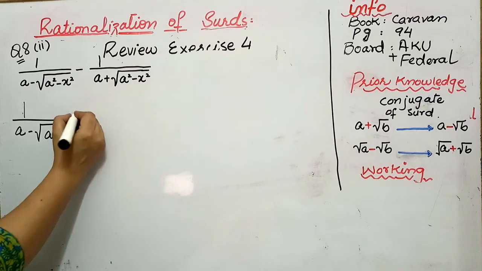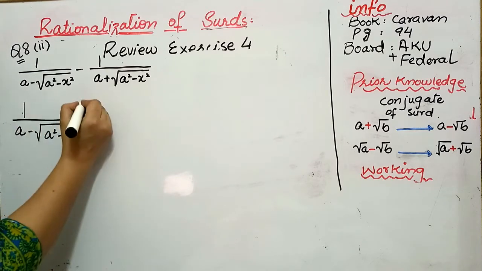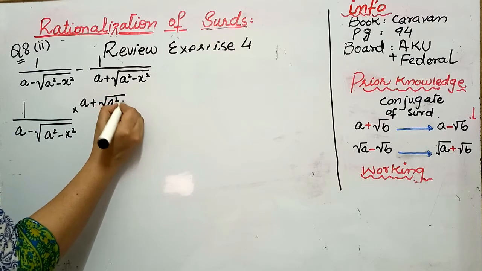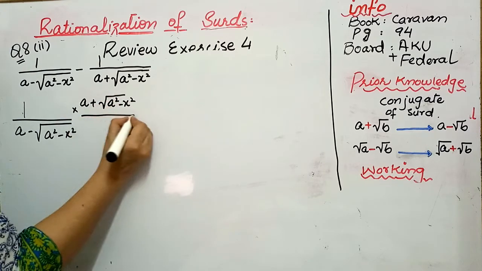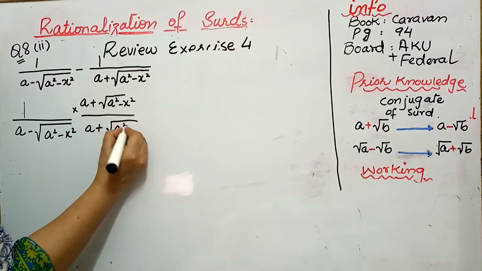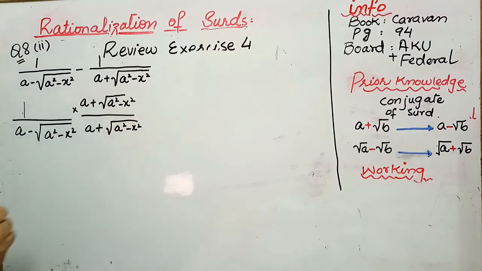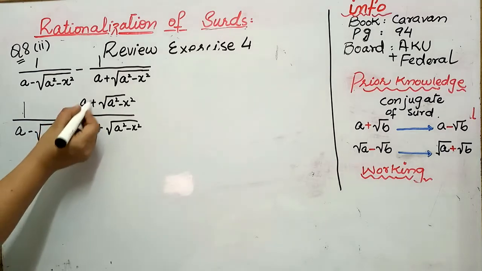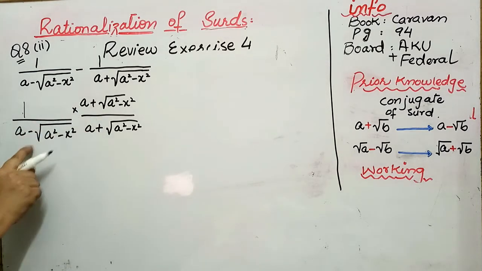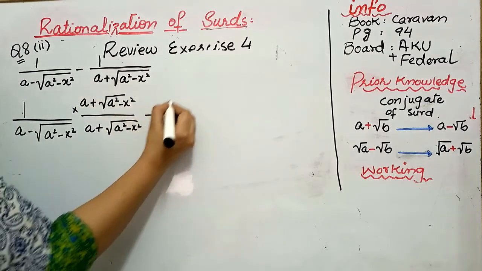So let's rationalize it. In the process of rationalization we multiply and divide by the conjugate of the denominator.